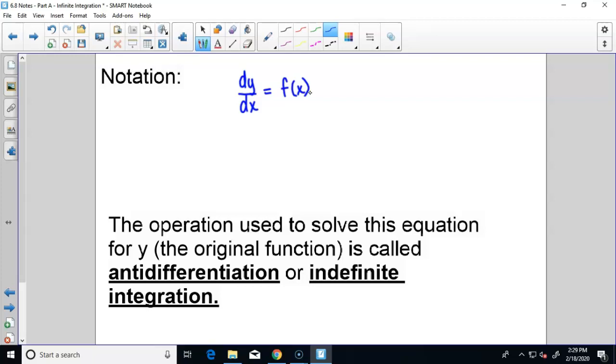If I want to solve this equation for y, then I don't need to have the dx over here. I would just want to have the y. So I could multiply both sides by dx. And that would give me dy equals f of x times dx.